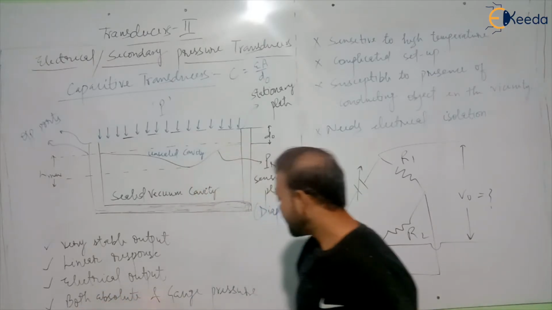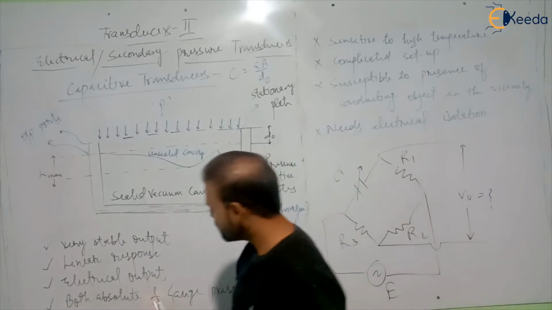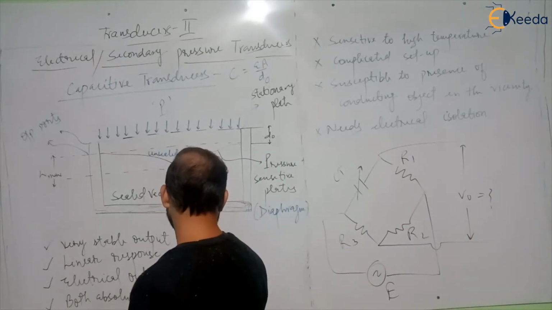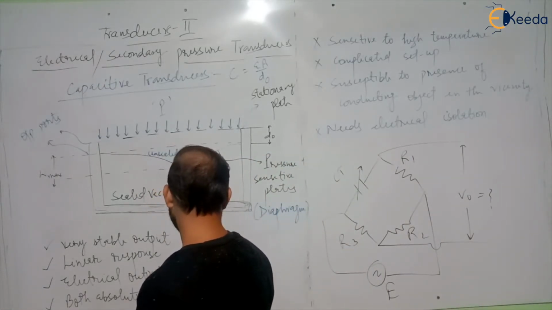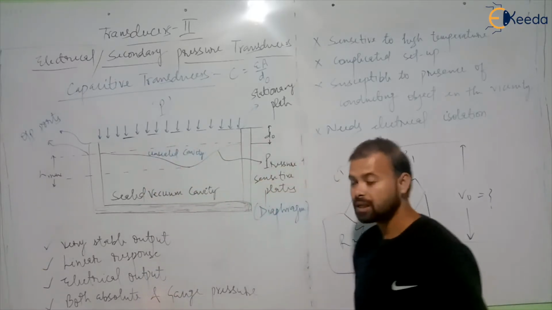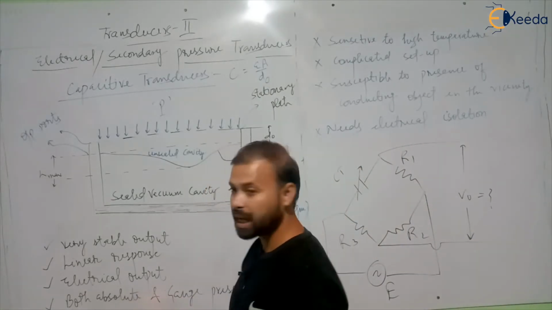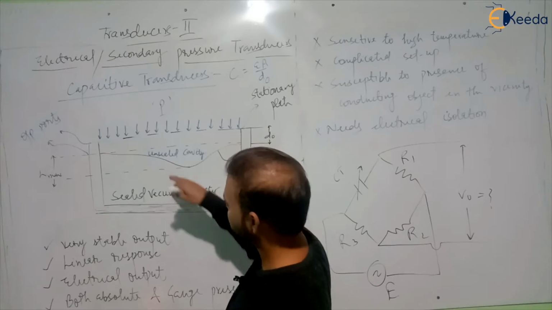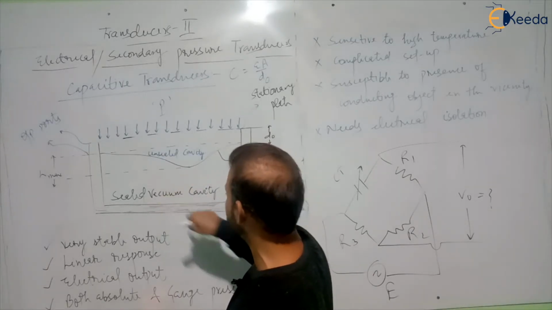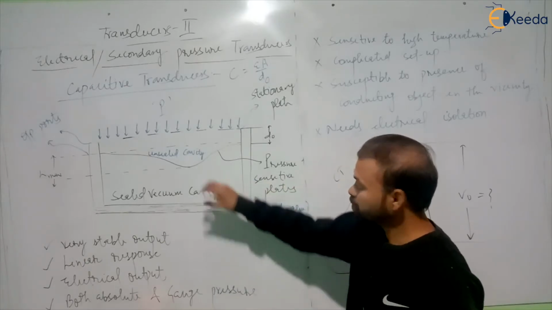Both absolute and gauge pressure can be measured. Absolute pressure means if you add gauge pressure to atmospheric pressure, then absolute pressure is acquired. Since here is your sealed vacuum cavity, you can measure vacuum pressure also with this type of transducer.